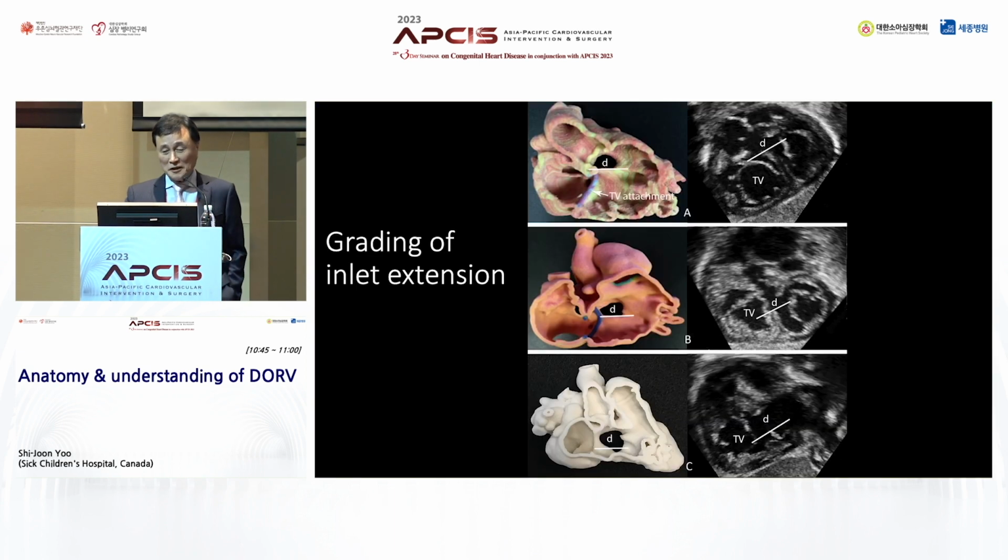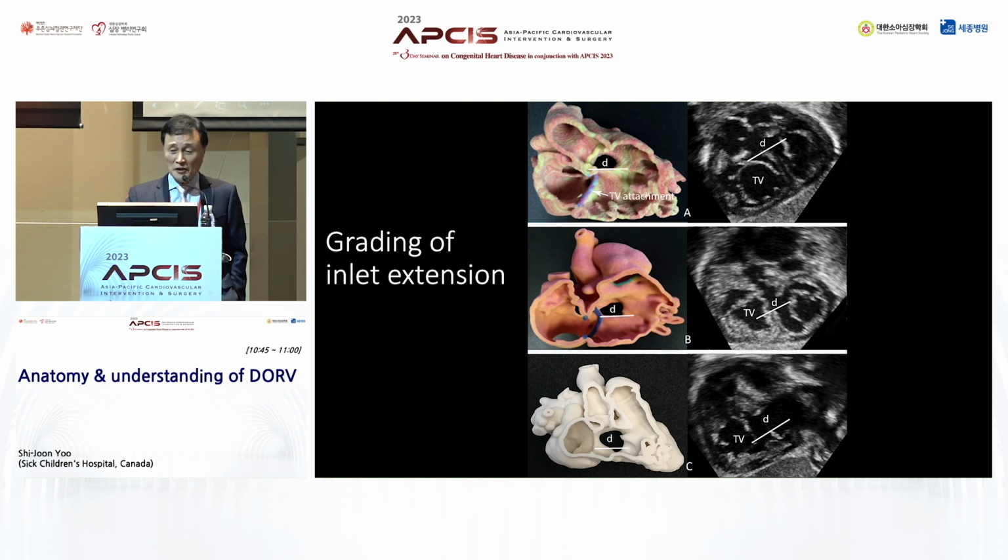Okay, let me go to here. So the other is that the extent of inlet extension will be an important issue. Okay, how do you define it? Don't look at the 4-chamber view in echo. You need to look at the short axis view. How? Here you see the tricuspid valve and mitral valve in short axis. So this is the ventricular septum.